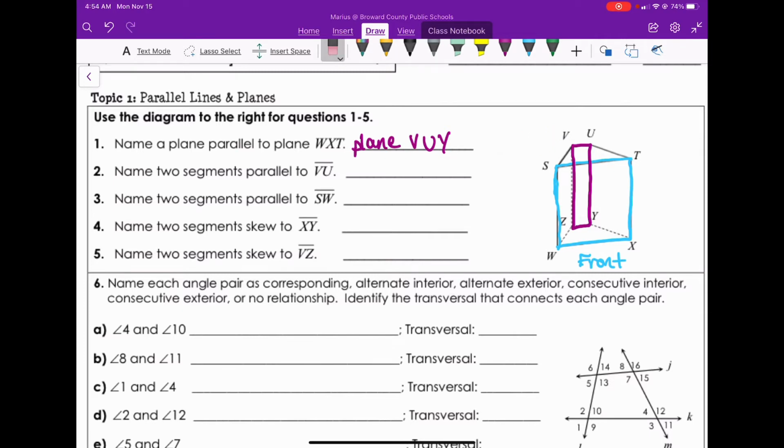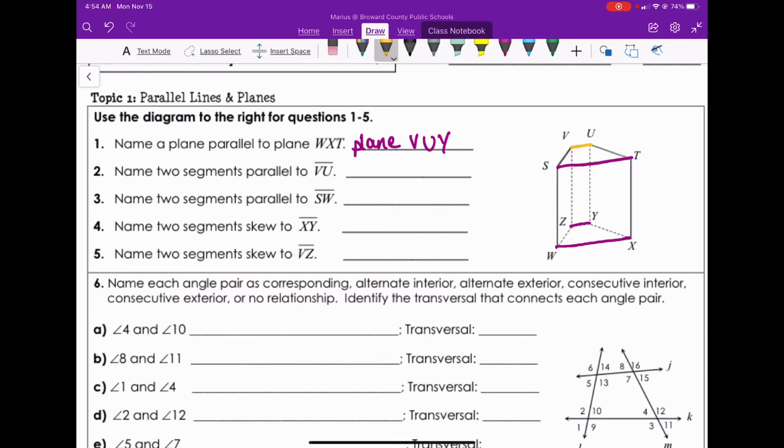Number 2. Number 2 says name 2 segments parallel to UV. So once again, we need to identify UV, which is a horizontal line. So all the other horizontal line segments in this diagram would also be parallel.